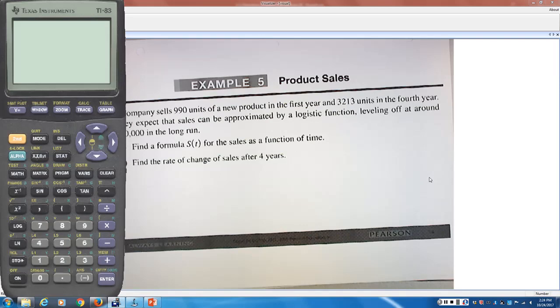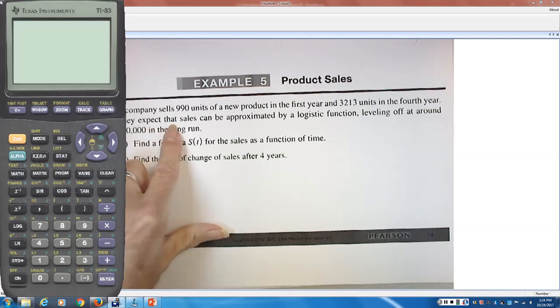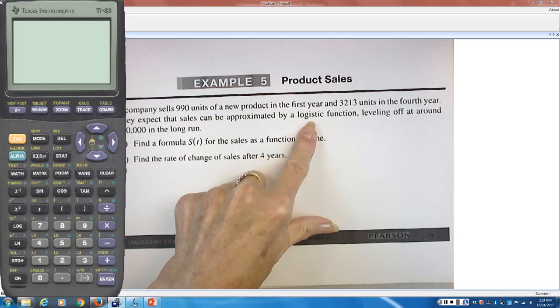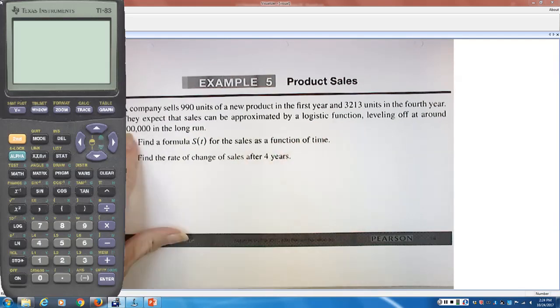So maybe not the figure, because it's not going to last 4 years. They expect that the sales can be approximated by a logistic function for the reasons we already talked about, and that it's going to level out at about 100,000 in the long run. So eventually sales are expecting to be around 100,000 units a year.